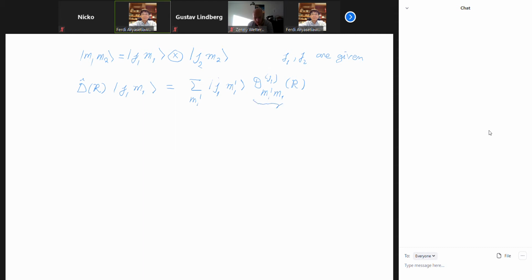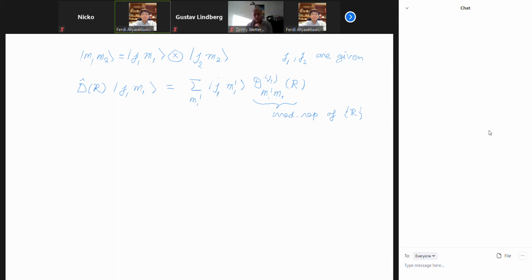And this is the irreducible representation of the rotation group. It's irreducible because it's not possible to convert this into a block form.